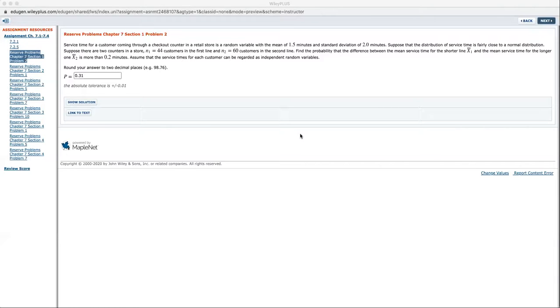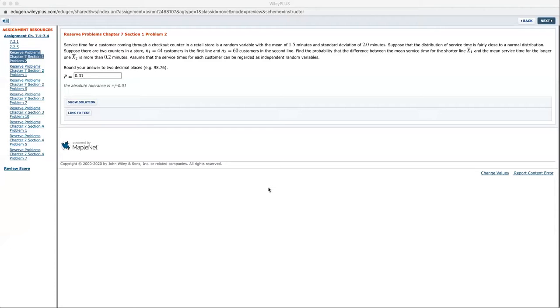So x1 bar and x2 bar are the sample means of two independent random samples. Then x1 bar minus x2 bar is approximately standard normal distribution, if n1 is greater than 30 and n2 is greater than 30.